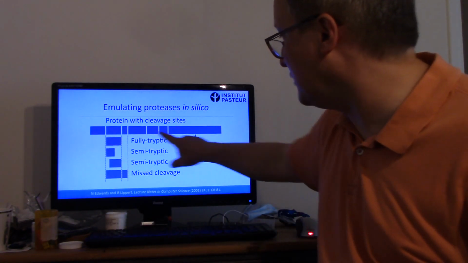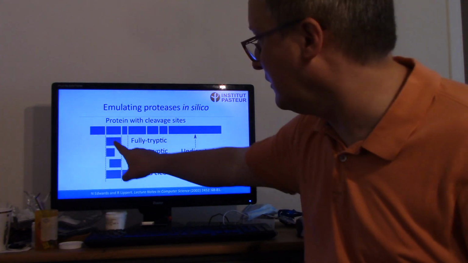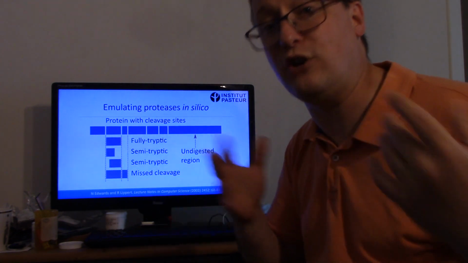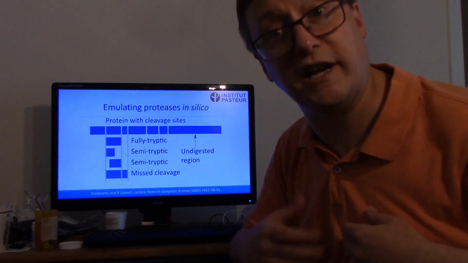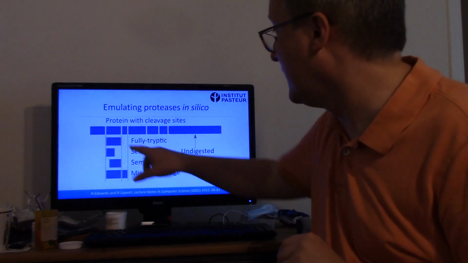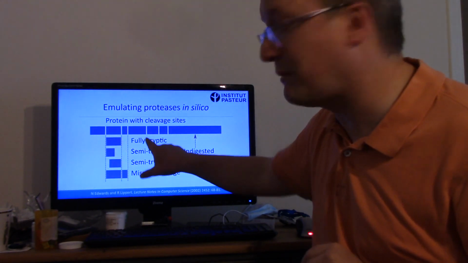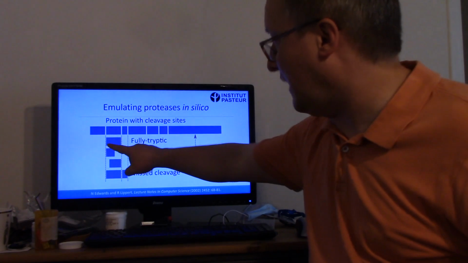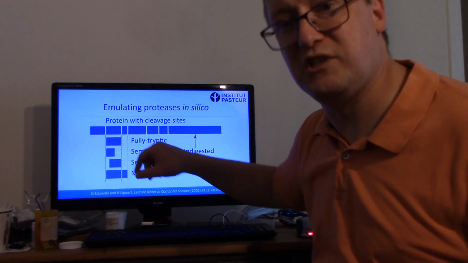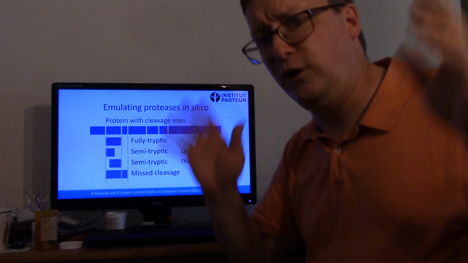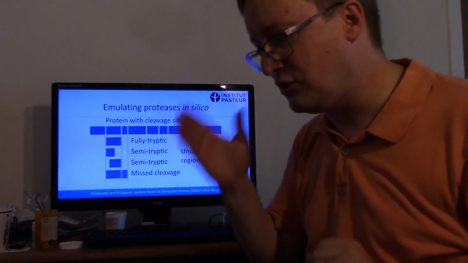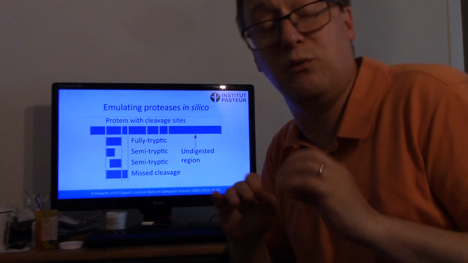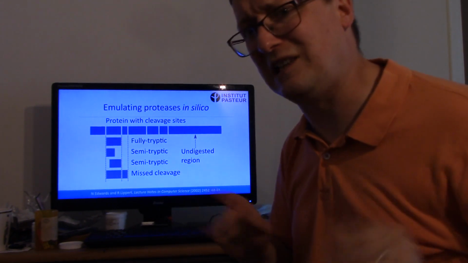You could imagine each protein as having a cutting site, for example, where every lysine and arginine is present. That reflects a trypsin digestion. So if each of these little slashes represent a potential place where trypsin might cut, you could imagine that the peptides we see are all going to be fully tryptic peptides, because trypsin only cuts where it is allowed to cut, and it shall cut every place it is allowed to cut.